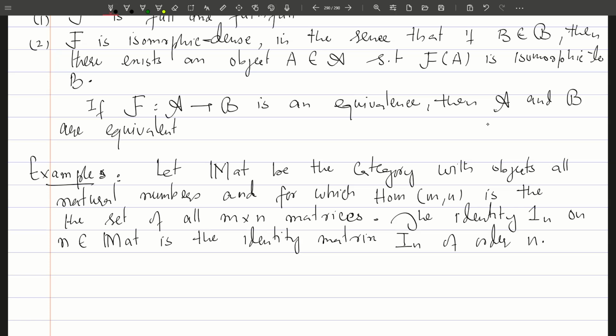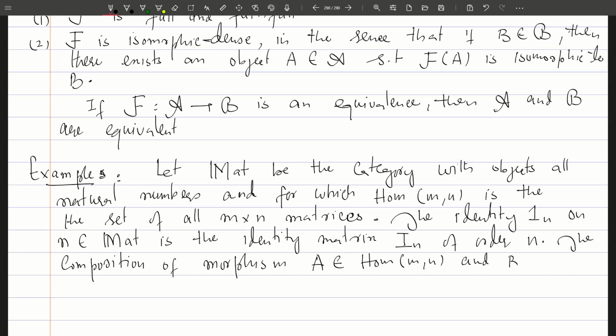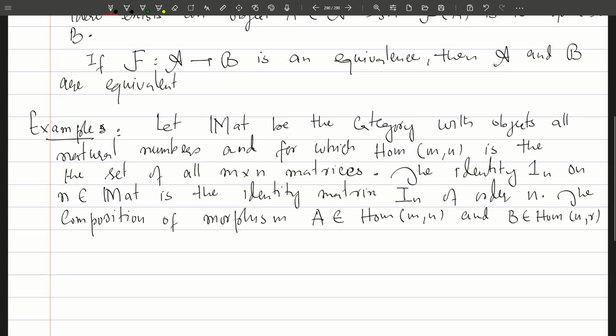The composition of morphisms is defined like this. If we take two morphisms, say A is a morphism from object M to N, and B is a morphism from object N to R, then we can define the composition.